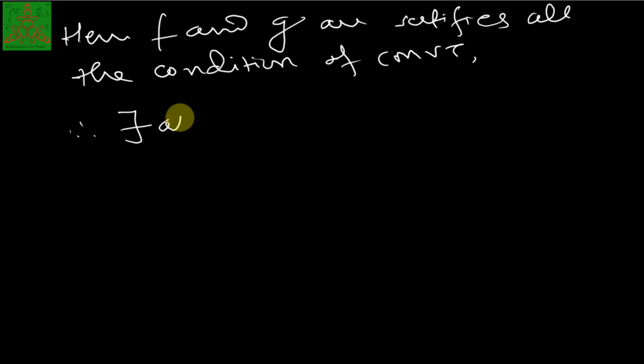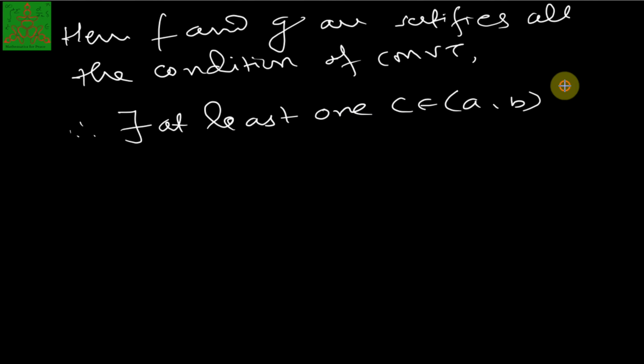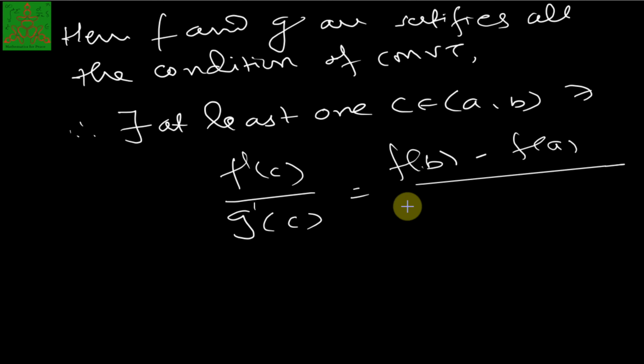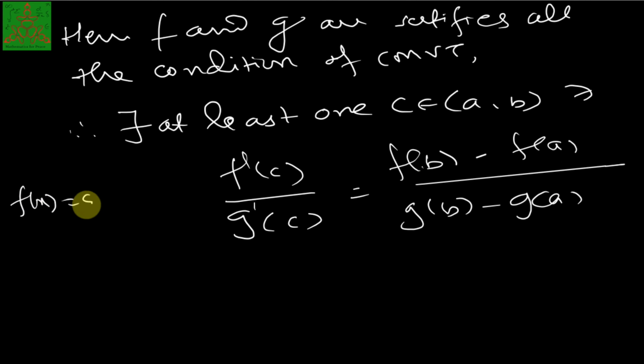Therefore, there exists at least one c in between a and b such that f dash of c upon g dash of c is equal to f of b minus f of a upon g of b minus g of a. But what is the f function? The function f is sin x and the function g is cos x.